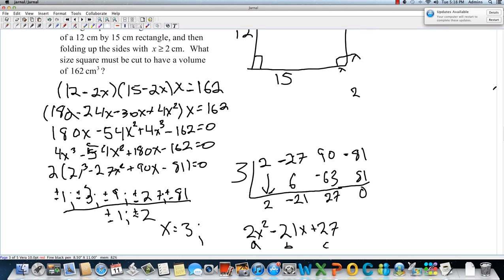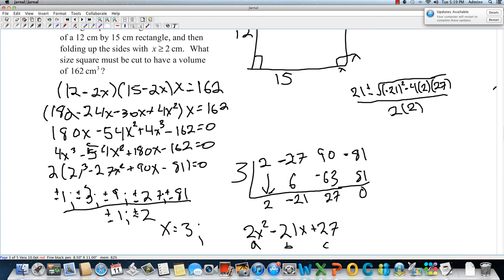So that's 21 plus or minus root negative 21 squared minus 4ac, all over 2 times a, or 2 times 2.